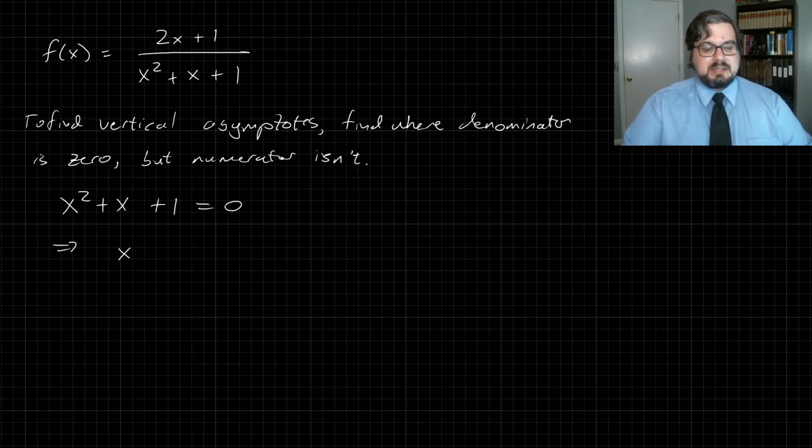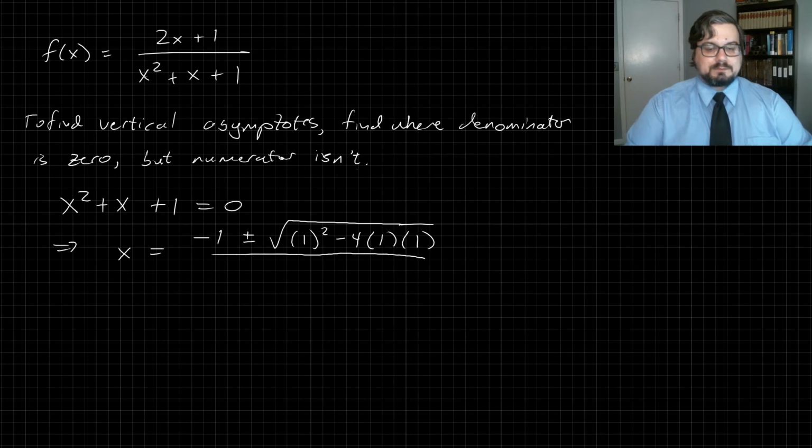So this means that x is equal to negative b, and b is 1 here, plus or minus the square root of b squared minus 4 times a, which is 1, times c, which is 1 here, all over 2 times 1.